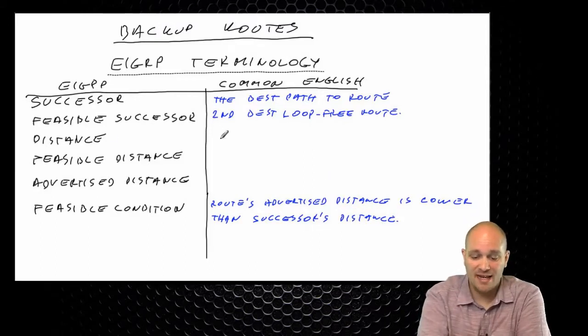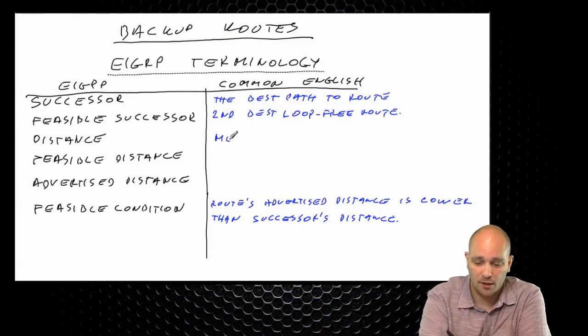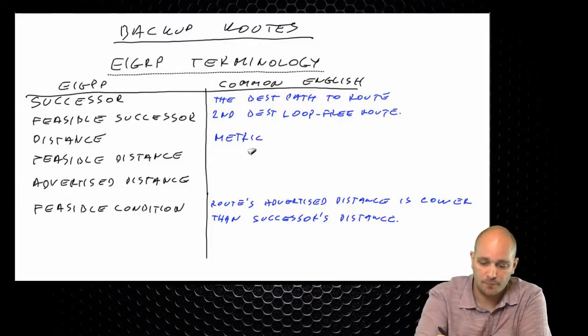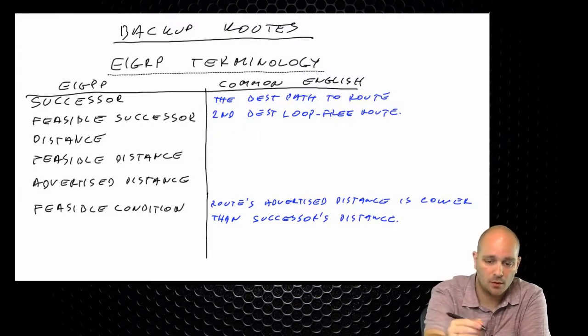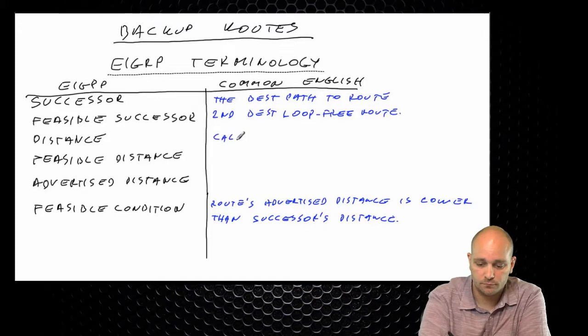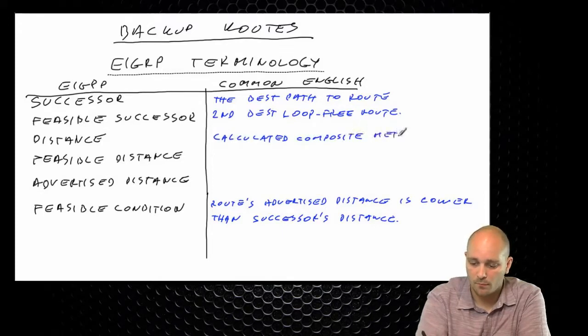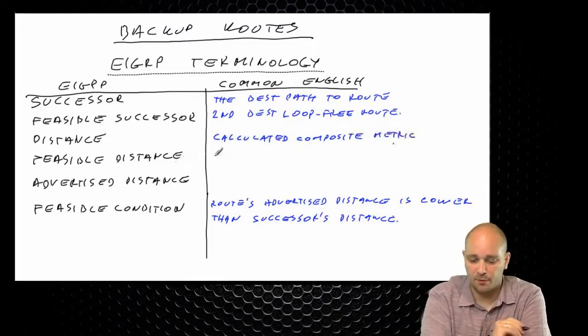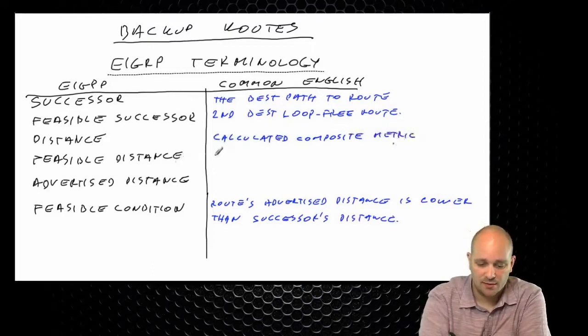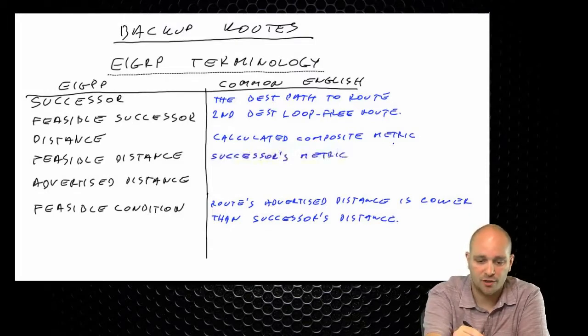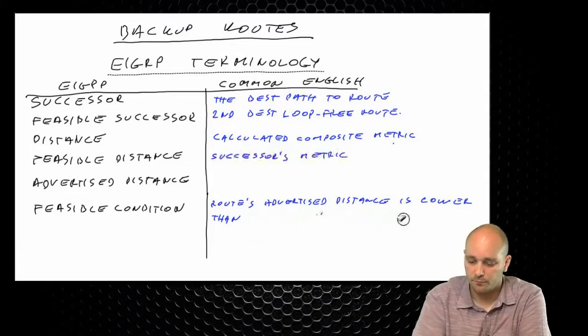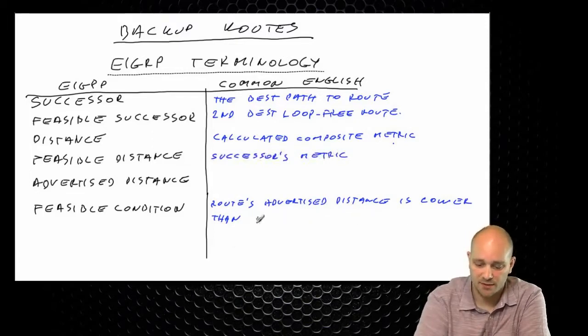Now, distance in the context of EIGRP is simply metric. Or I should say, calculated metric. Now, feasible distance is successor's metric. So, small correction here. This is feasible distance.